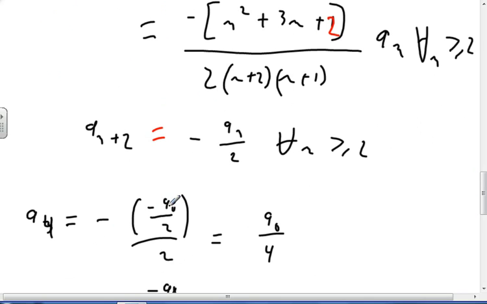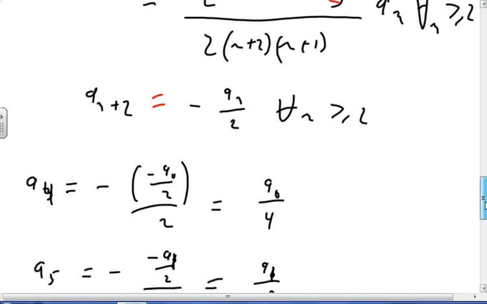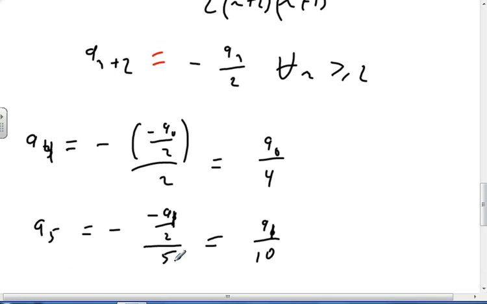Minus over 2. This is over 2. That's a 4. Okay, that's fine. Why did I put a 5 there? Yeah, that's a good question. Why is there a 5 there? I bet you that's only supposed to be a 2, and that's supposed to be a 4.